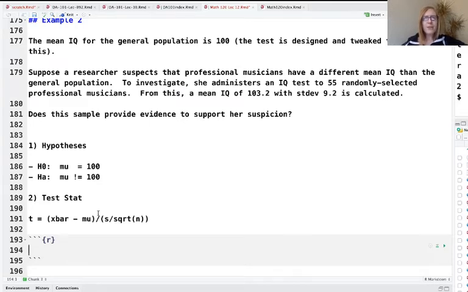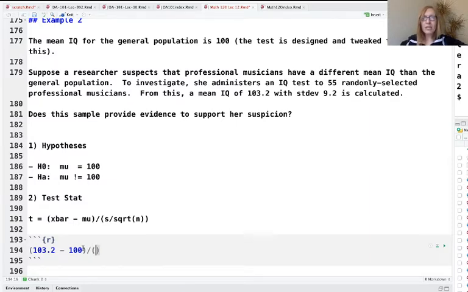So here on this one, our observed was 103.2. Standard deviation is 9.2. Sorry, I'm really excited to use that standard deviation today. Our mu, it says right here, is 100.